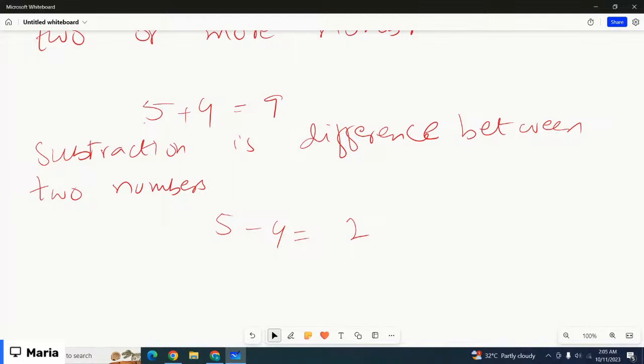A whole number means a complete number, a number without a decimal point, right? What do you know about the whole numbers? If you already know, you can write down the answer in the chat box.